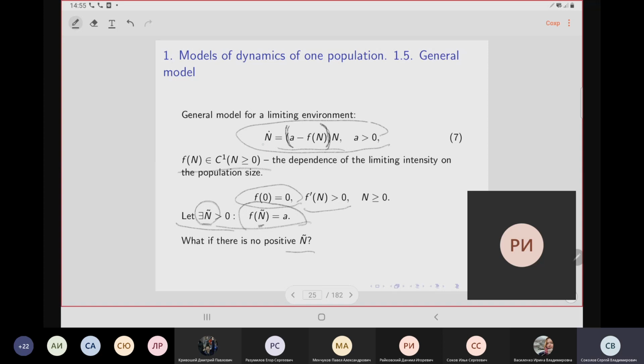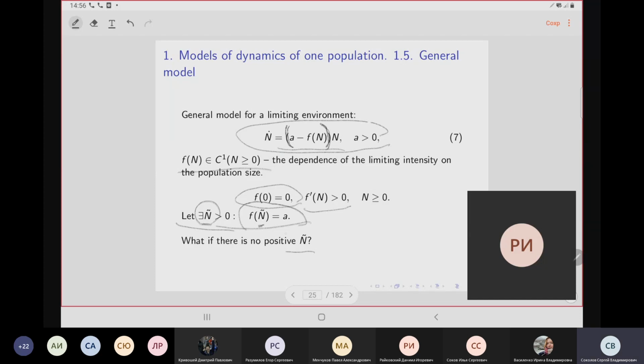So we decline this situation from a biological point of view. We refuse it. If we consider a limited population in a really limited environment, then we can conclude that the point n tilde must exist. So the right-hand side must be negative starting from some point.